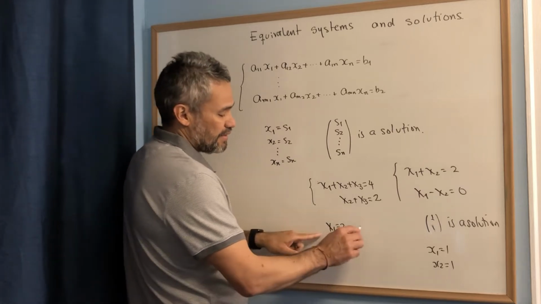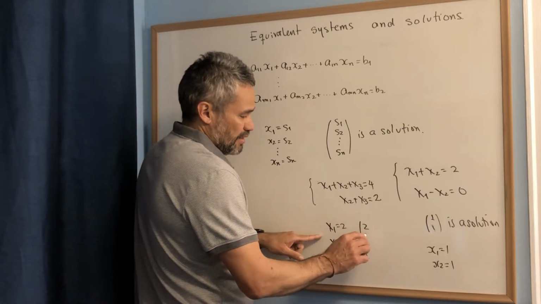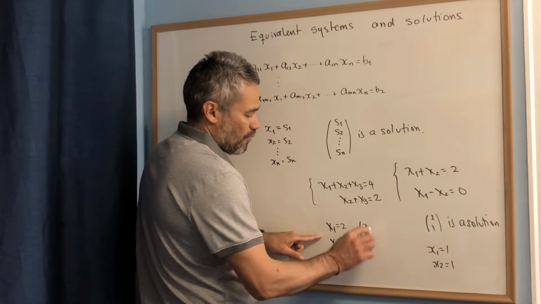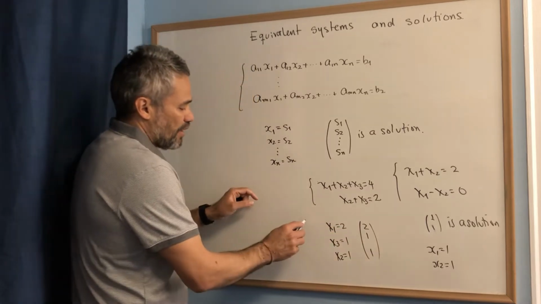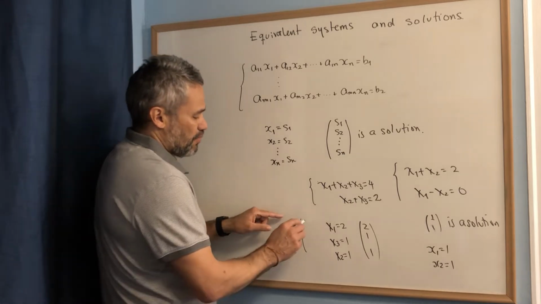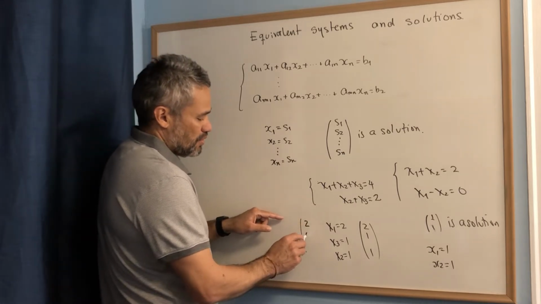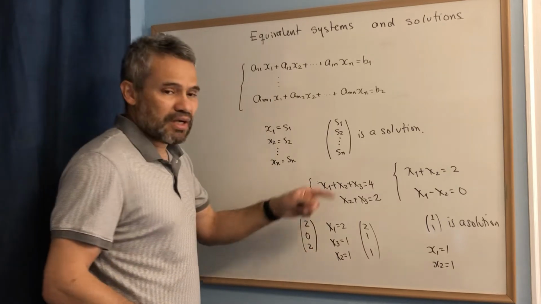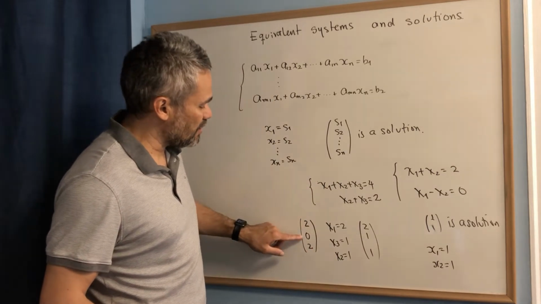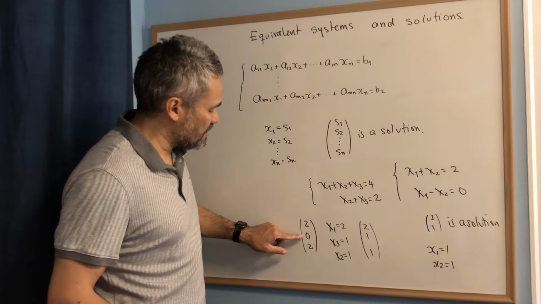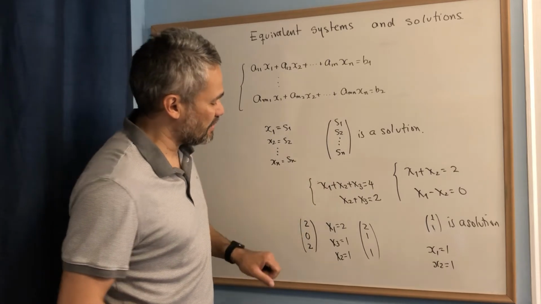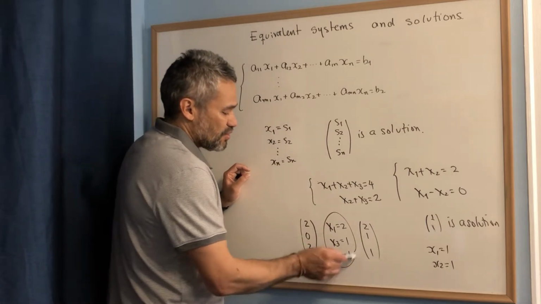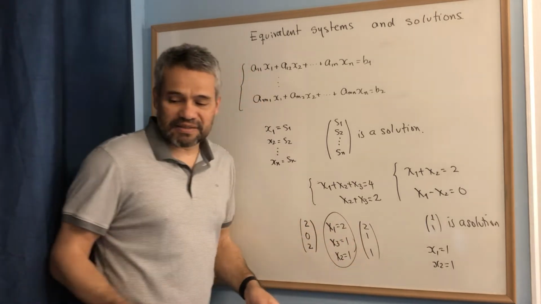But instead of writing it like this, we will write it like (2, 1, 1) is a solution. And we can also check that, for example, (2, 0, 2) is also a solution. This means that x1 equals 2, x2 equals 0, and x3 equals 2. We can check that. Then the whole point here is that instead of giving the solution like this, we are giving the solution as a vector.